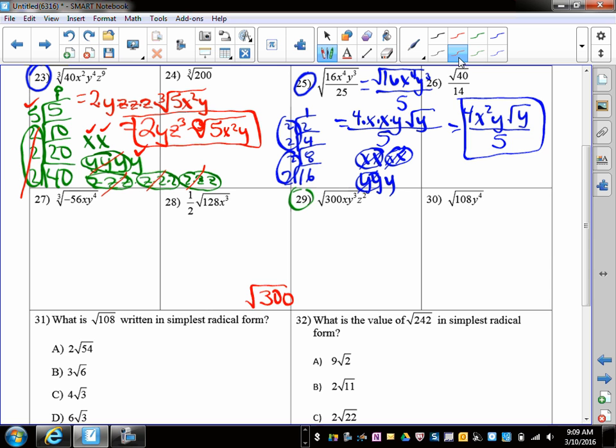What can I break that down into? 2 and what? 15. What does that break down into? 2 and 25? 75. Okay, good. What does that break down into? 35?